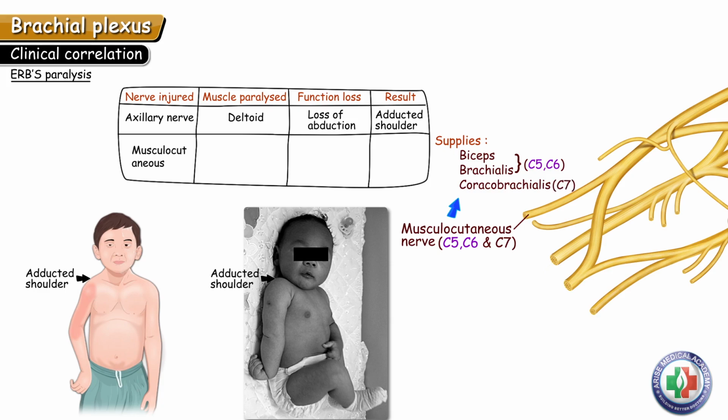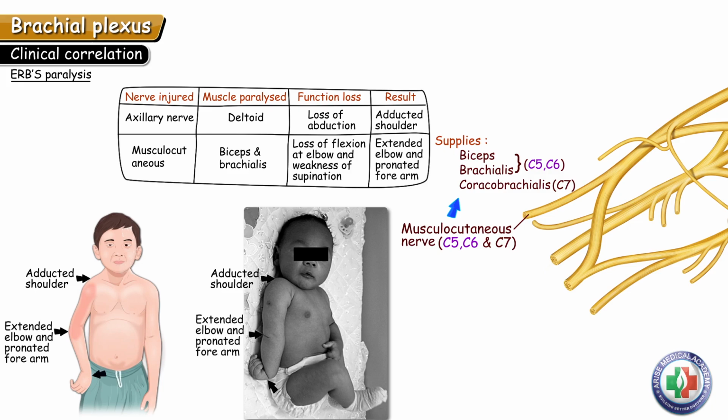Thus, in Erb's paralysis, coracobrachialis is spared, but there is loss of action of biceps and brachialis. Biceps and brachialis help in flexion at the elbow and also assist in supination. Damage to these muscles in Erb's paralysis leads to an extended elbow and a pronated forearm.